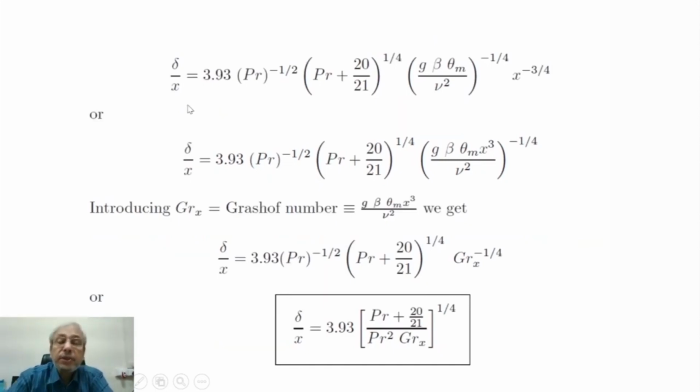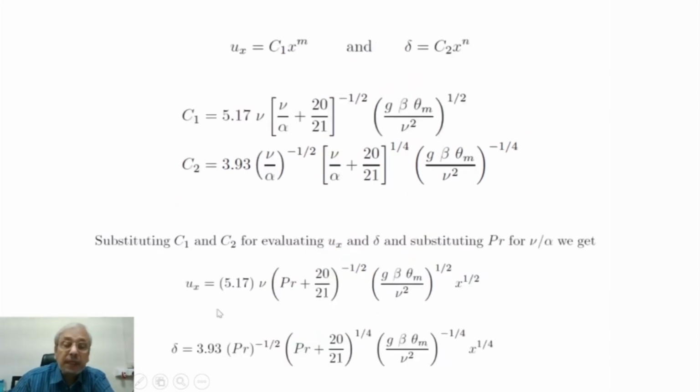Mostly such flows are for fluids like air, or fluids similar to air, where the Prandtl number is very close to 1. Now delta by x is given from the previous expression of delta.